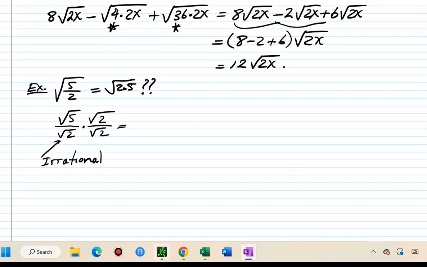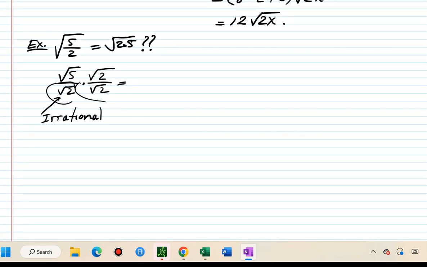Well, look at the denominator. It has a radical, so we are not allowed that either. That's why I multiply top and bottom by root 2. So on top I'm going to get root 10. In the bottom, root 2 times root 2 is root 4, which makes it 2. And now we have no radical in the denominator.